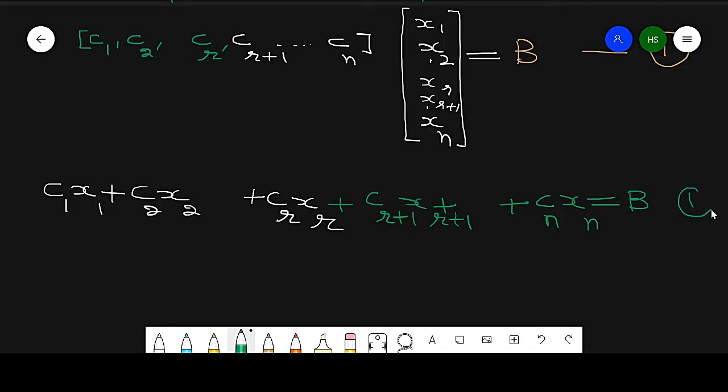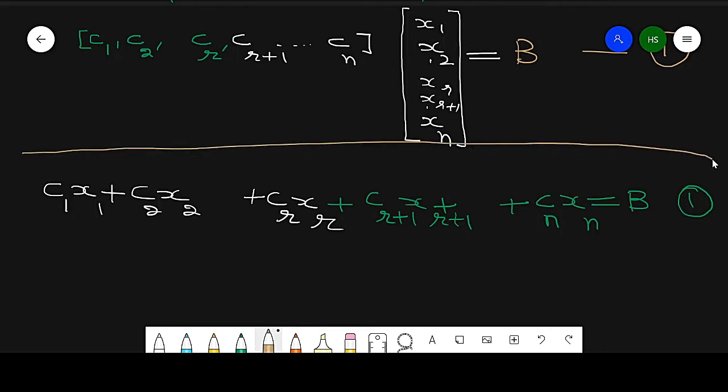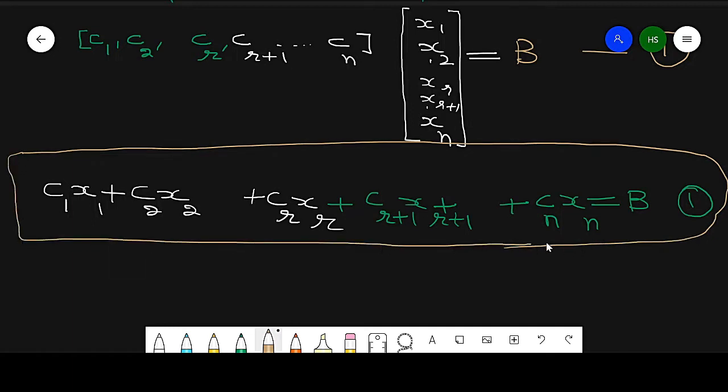So here I write again, it is equation number 1, right? This is a very important equation. So remember this equation number 1, which is the general system of equations.